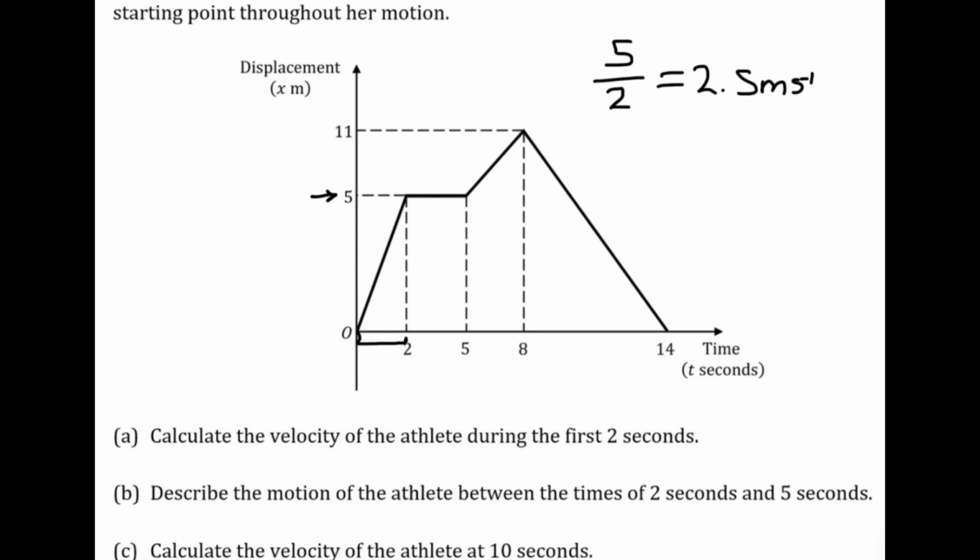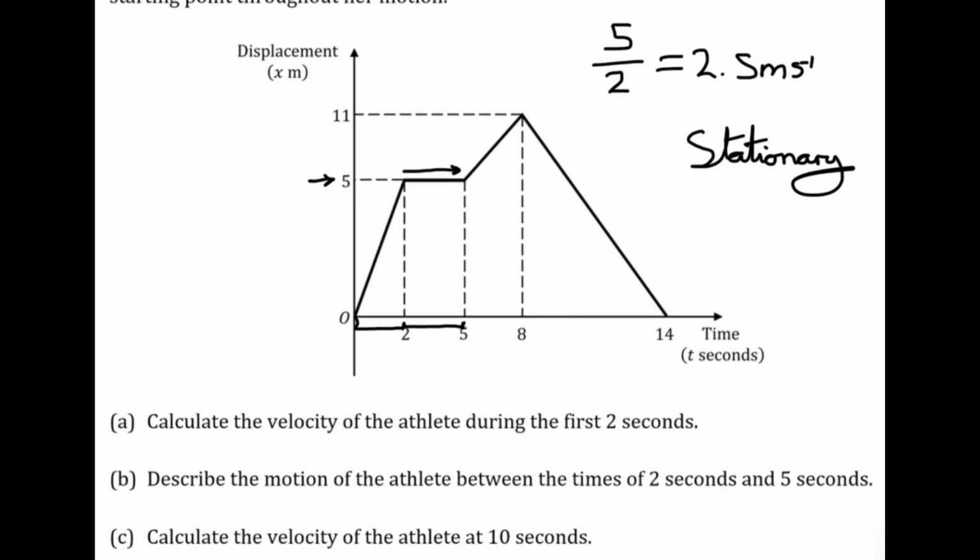For B, we need to describe the motion of the athlete during the time between 2 seconds and 5 seconds. So this portion here, we can see she's not displacing at all as the time increases, which means that she's stationary.